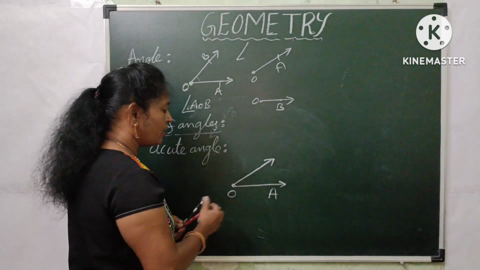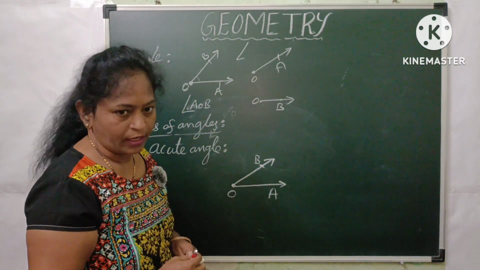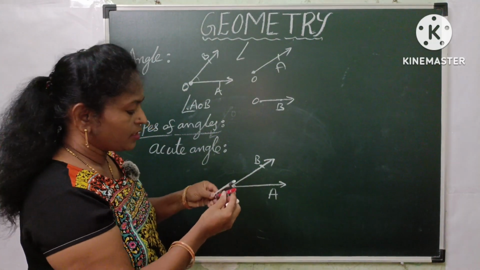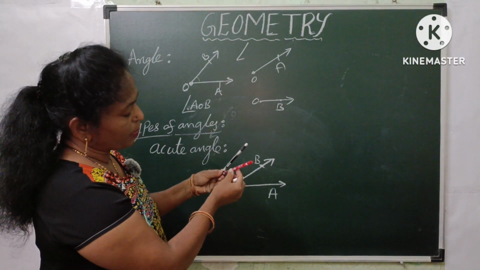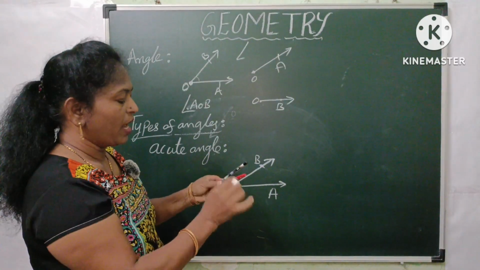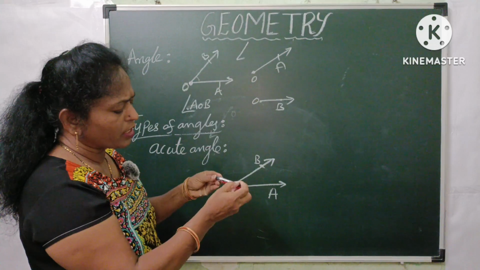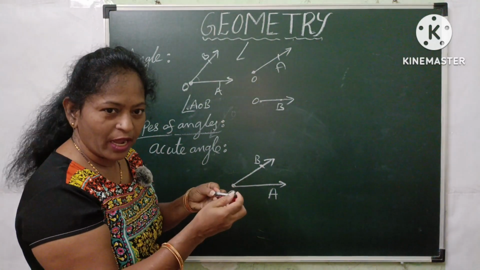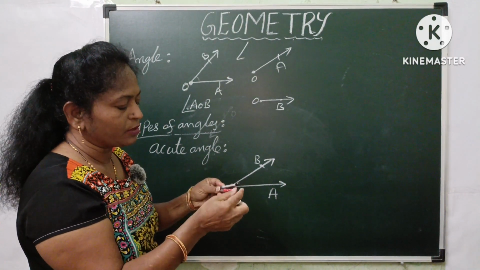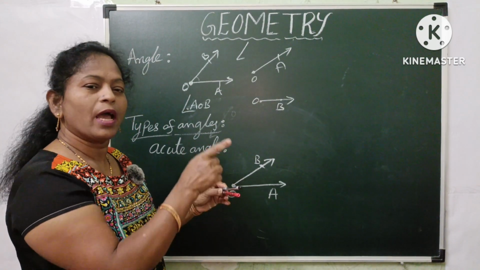When the terminal ray rotates, it forms an angle. This red color pen is the initial ray, and the black color one is the terminal ray. When both coincide, it is a zero angle. When it moves in the anti-clockwise direction, then it forms the angle.